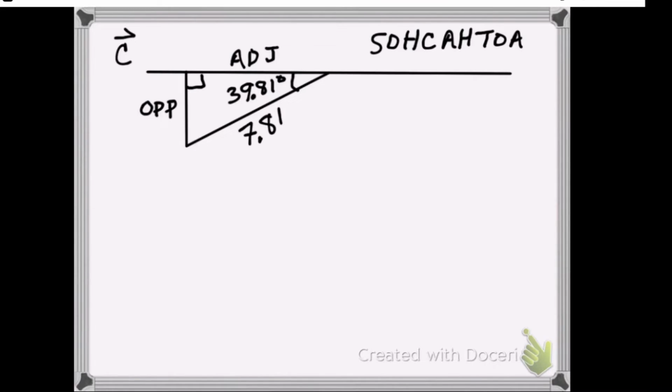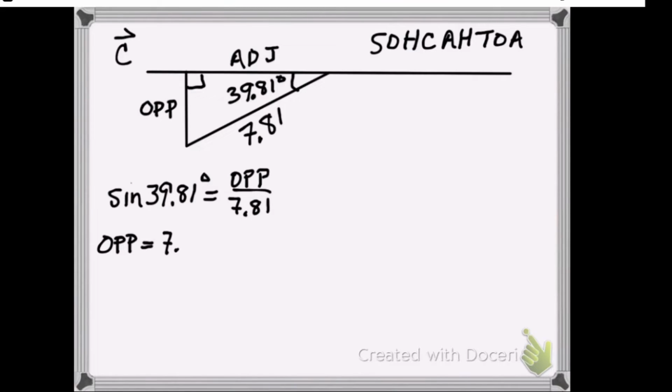So let's start with the sine, like we did before. So the sine of 39.81 degrees is going to be equal to the opposite divided by the hypotenuse, and the hypotenuse is 7.81. So we multiply both sides of the equation by 7.81, and we get that the opposite side of the triangle is equal to 7.81 multiplied by the sine of 39.81.